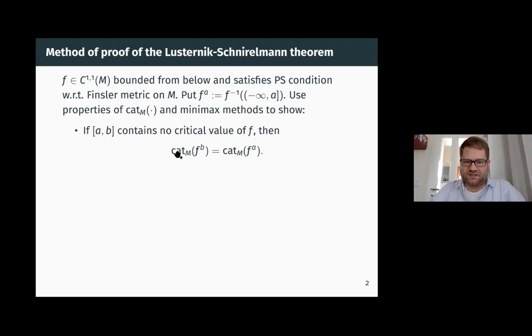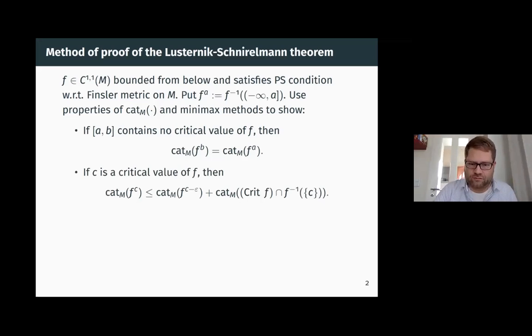First of all, the simplest observation is if some interval contains no critical value of F, then raising the level from A to B, so from the lower to the upper bound, does not change this relative category. So nothing happens in this case. Whenever we cross a critical value, something happens.